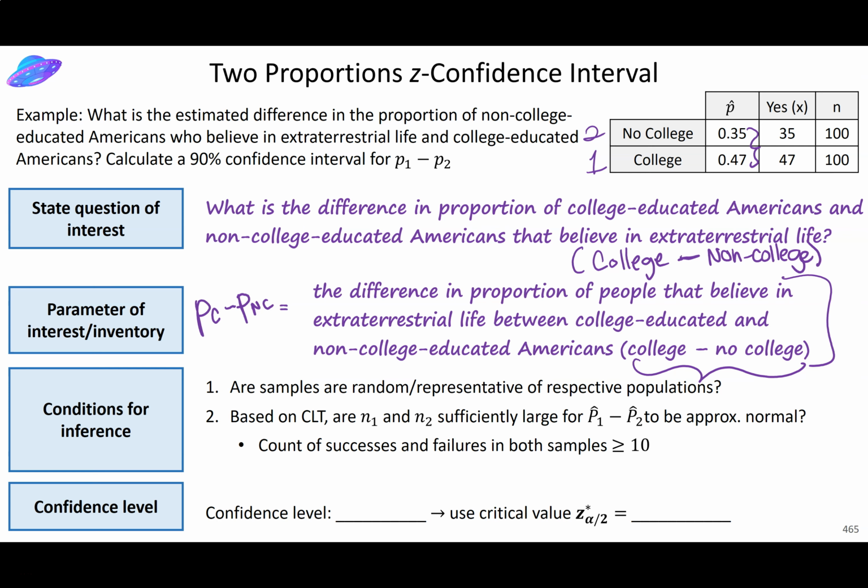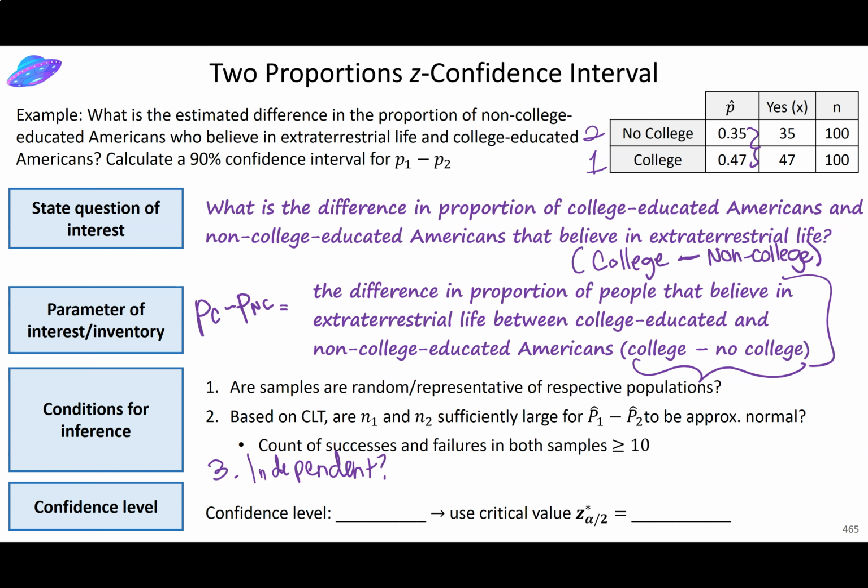So then our conditions. I'm going to throw in the independent. Yes. I'm assuming that in order to be a college-educated person, you can't be a non-college-educated person and vice versa. I'm assuming they're probably using something like a bachelor's degree to define it, but it's one or the other.